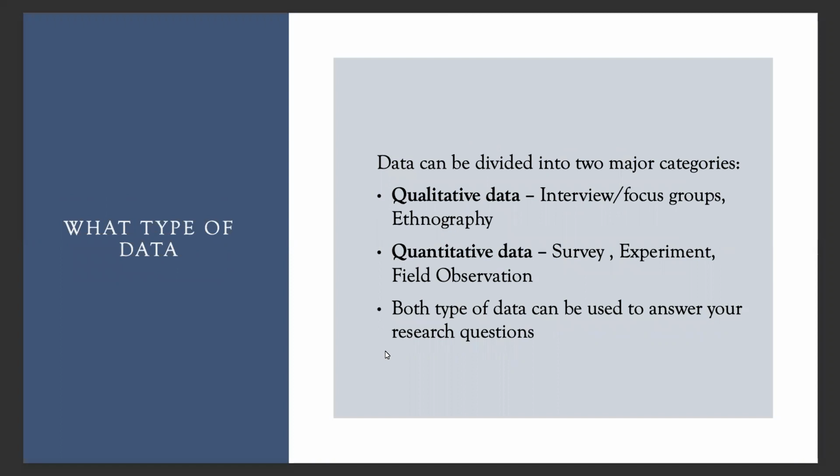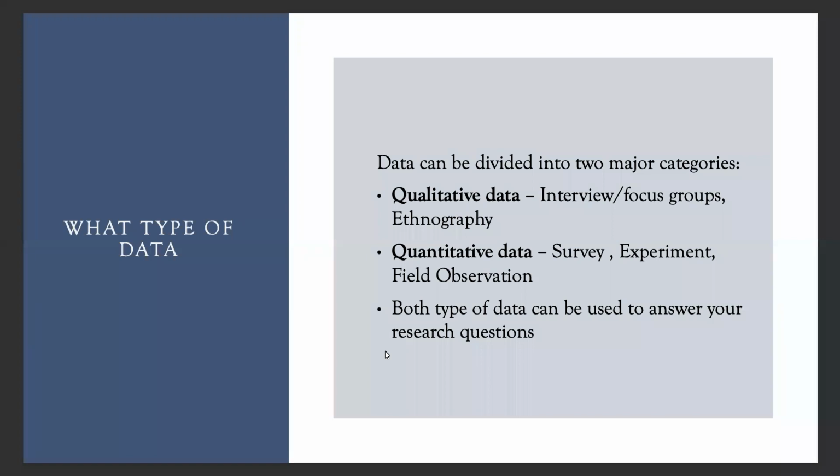So data can be divided into two major categories. One is qualitative data, where you are actually using some type of interview or focus group study or ethnographic study. You actually don't get numbers or very objective attributes from that data.